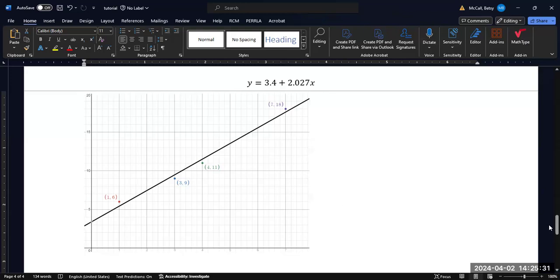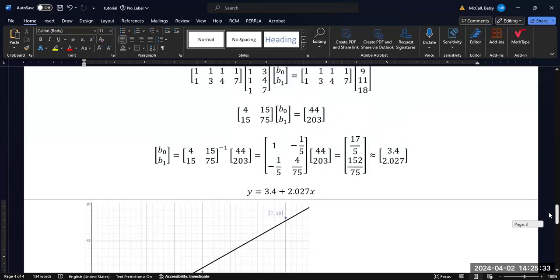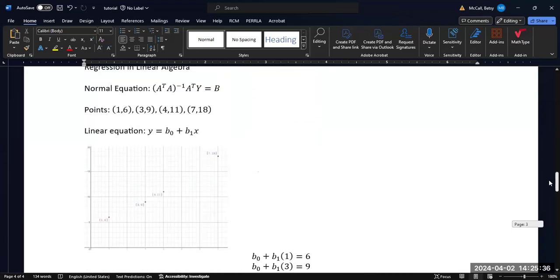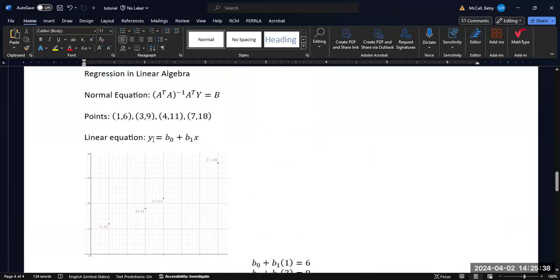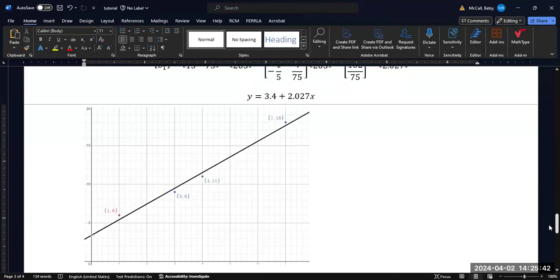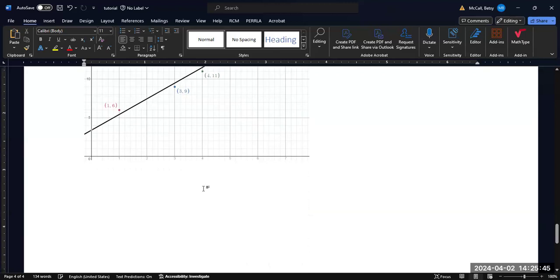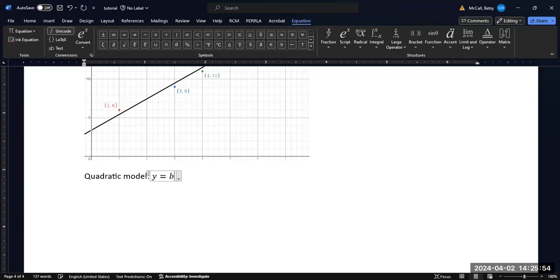Now, I could extend this to not a linear equation, but maybe a quadratic model. So maybe y equals b0 plus b1 x plus b2 x squared.